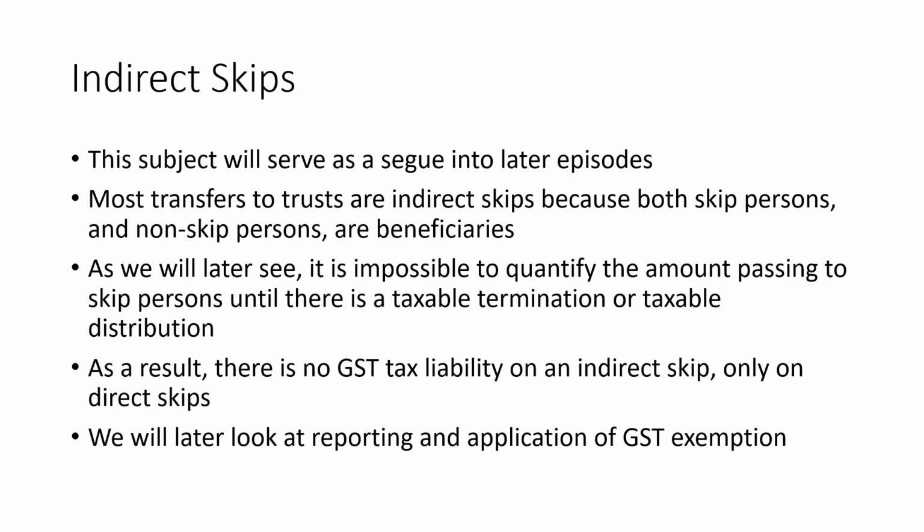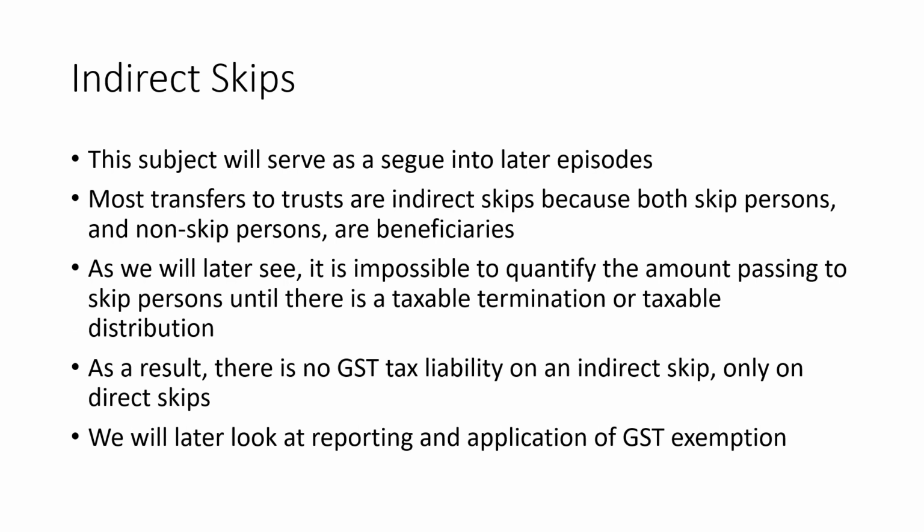Now I'm going to really quickly discuss indirect skips because this will be a segue into later episodes, but most transfers to trusts are going to be indirect skips because with most trusts you have both skip persons and non-skip persons as beneficiaries.